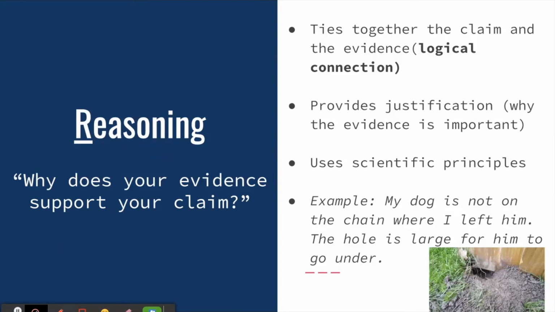The example here is my dog is not on the chain where I left him, and the hole is large enough for him to have gone under. So those would be things that tie the evidence back to the claim. The evidence that there's a hole means the dog probably went through the hole. There's a chain that's broken, that probably means the dog broke the chain. So we're connecting that evidence to the claim.